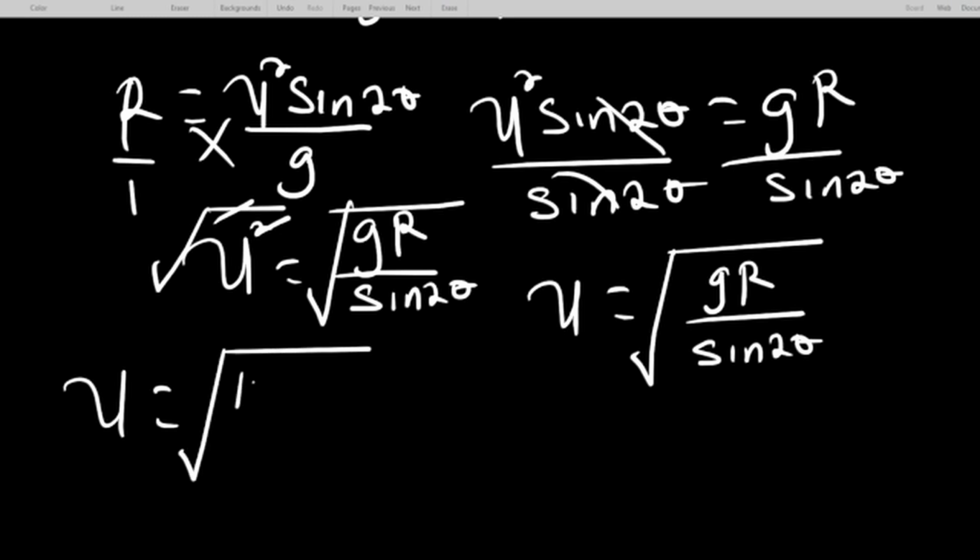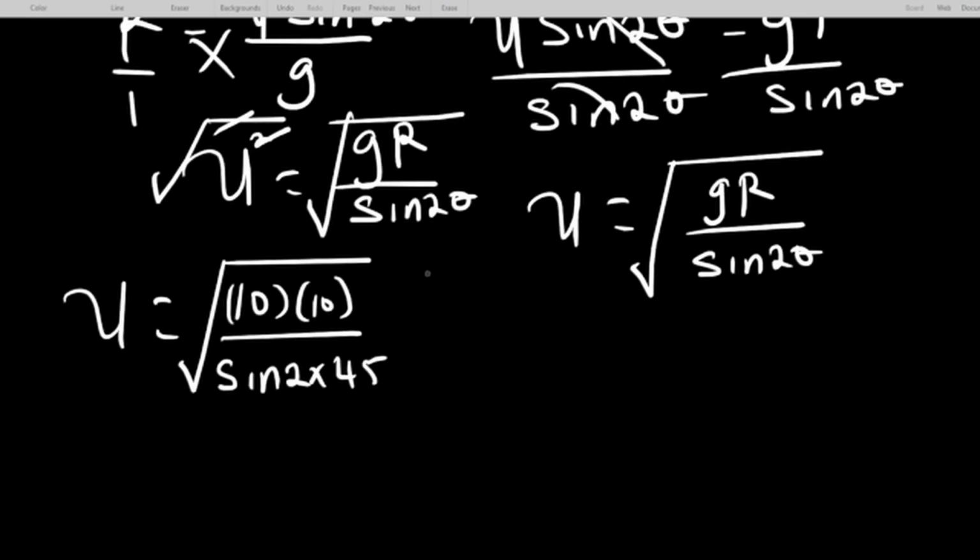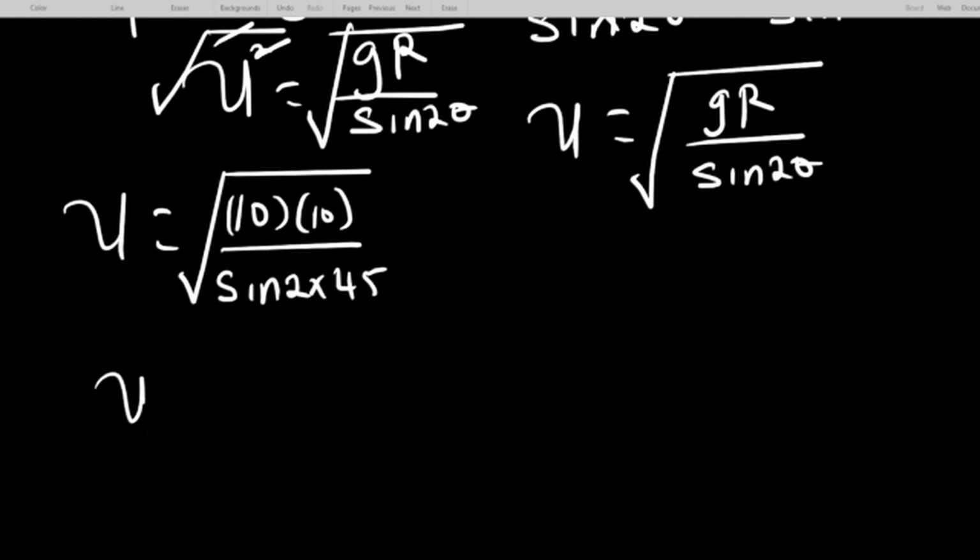Our g is 10. Our range is 10 over sine, our theta is 45, so this now becomes 2 times 45. Simplifying, we have our u is equal to the square root of 10 times 10 is 100 over 2 times 45 is 90, so we now have sine 90.